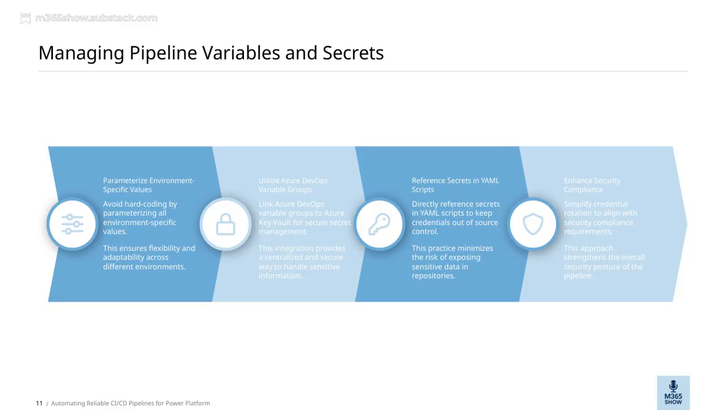This approach provides the flexibility needed to adapt to different environments smoothly, making our pipelines more robust and easier to maintain. Overall, these strategies, simplified credential management, direct secret referencing, centralized secret storage, and parameterization, work together to enhance both security and flexibility in our CI/CD processes.